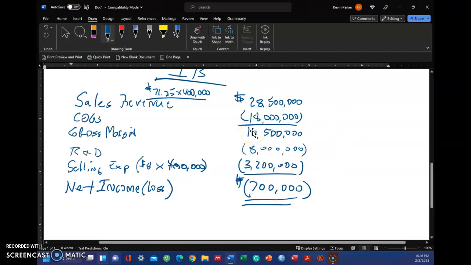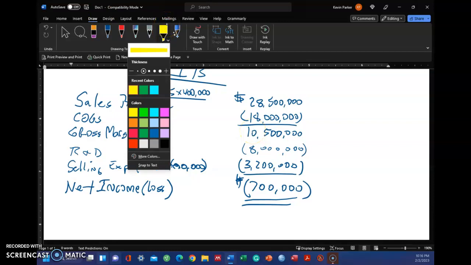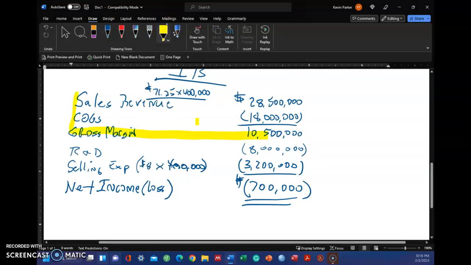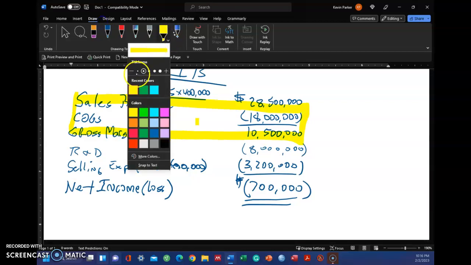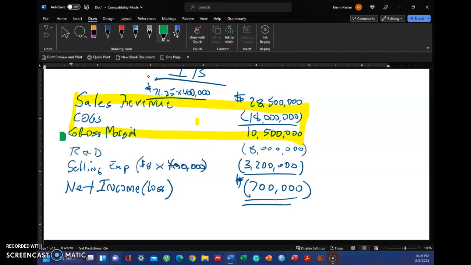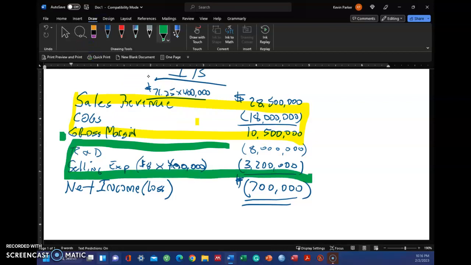Now let's talk about the different sections in this income statement. So this is sales minus product costs. This is period expenses. Now, there really is a third place, and I don't want to get bogged down in details that we don't need for the test, but this really isn't net income.